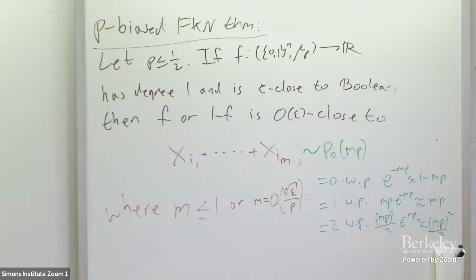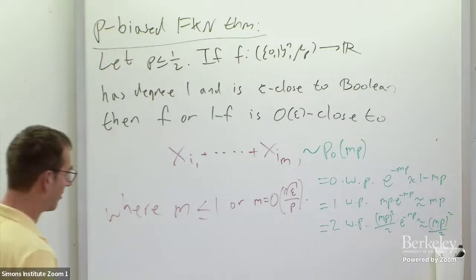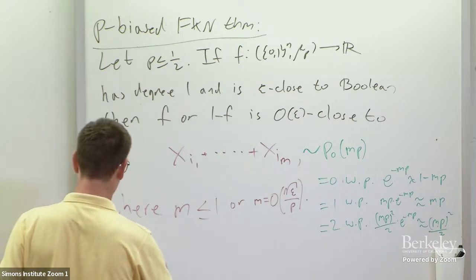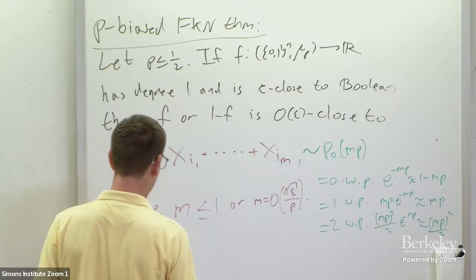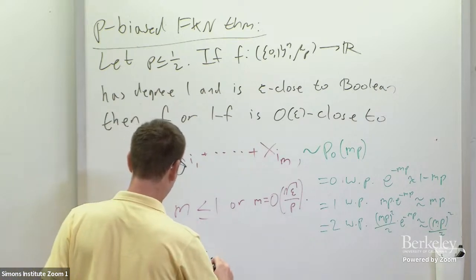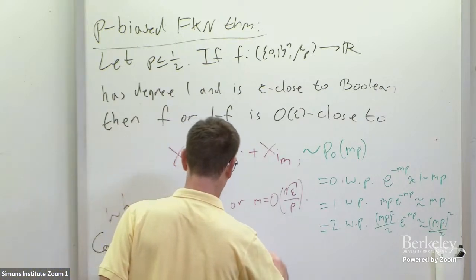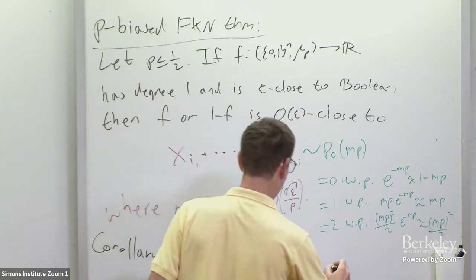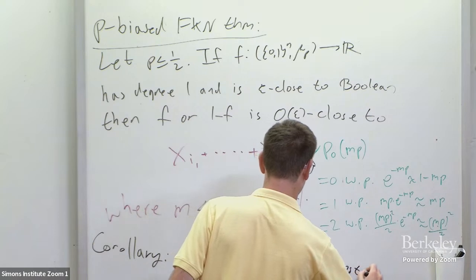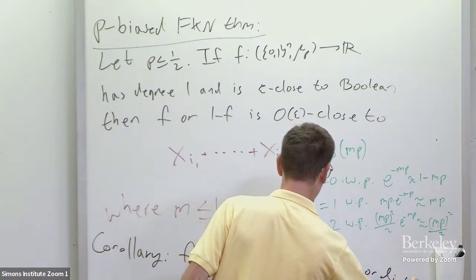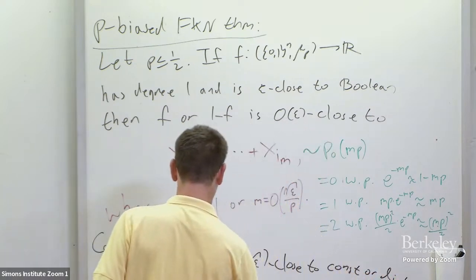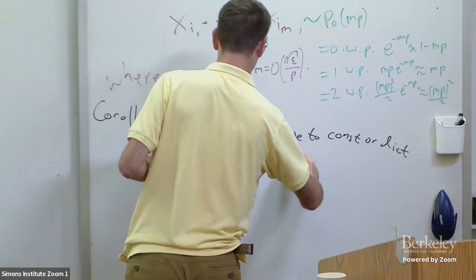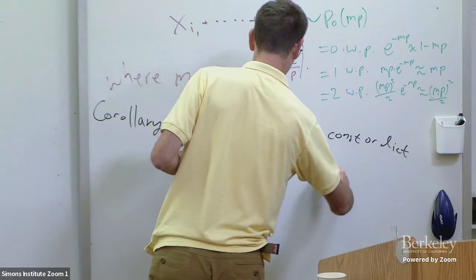So this is a theorem, and it has an interesting corollary. If f is order square root of epsilon close to Boolean, then it is close to a constant or a dictator, and order square root of epsilon plus p close to a constant.